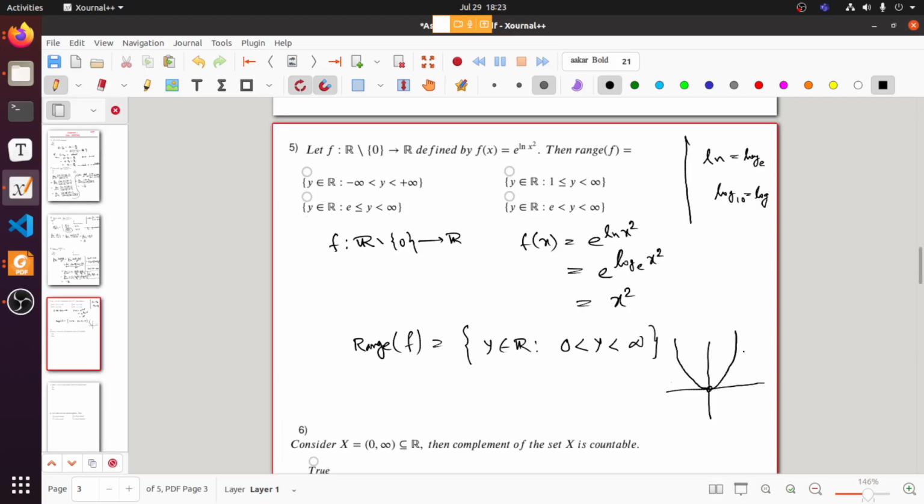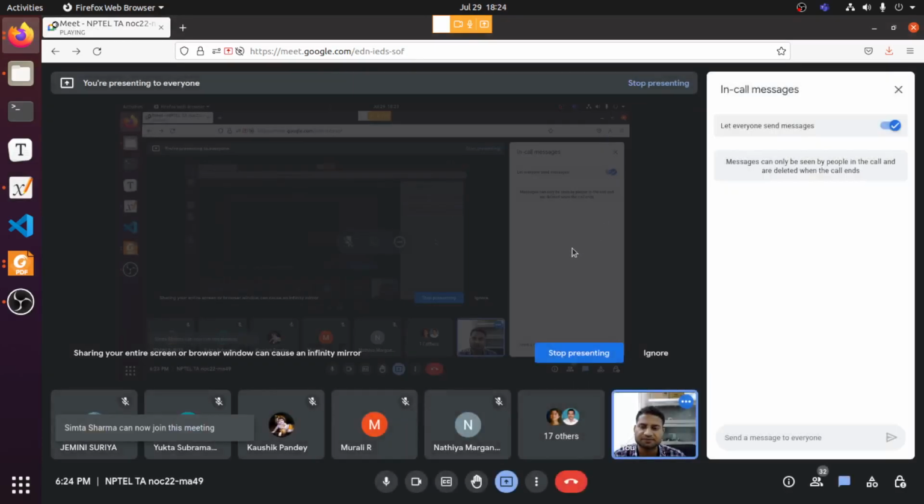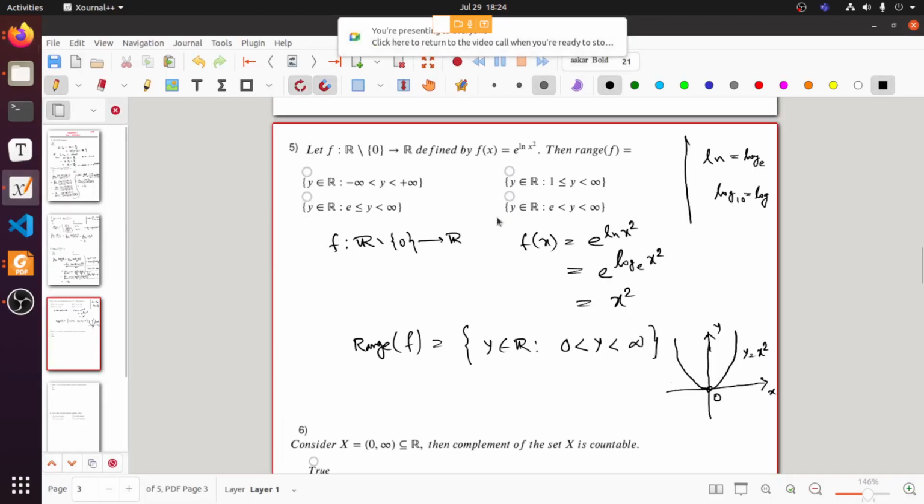The range is 0 to infinity, and 0 is open. So this is the range. Any doubt in question number 5? Okay, if no doubt, then we can move to the next question.